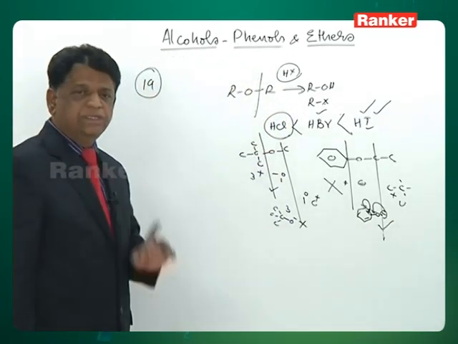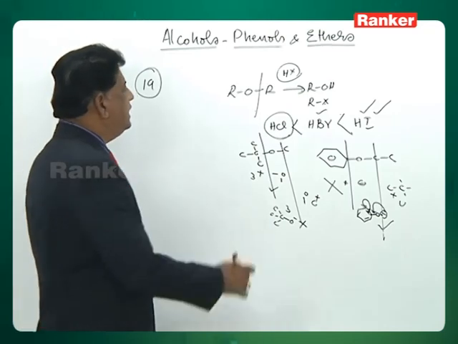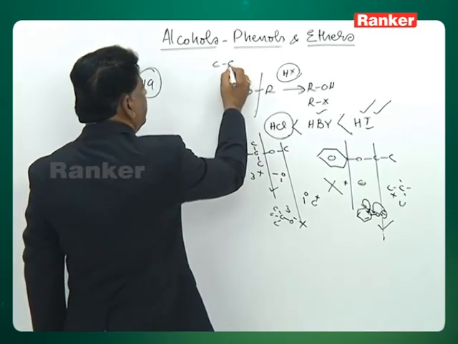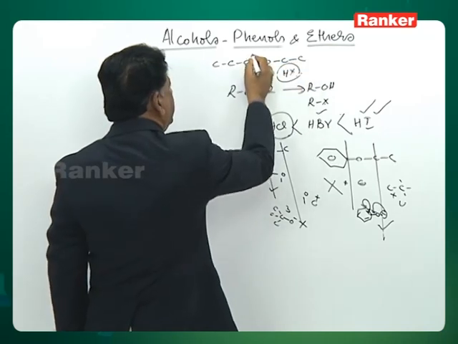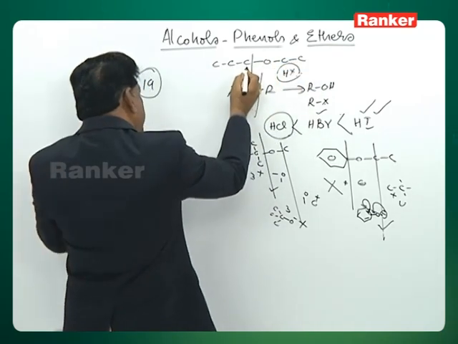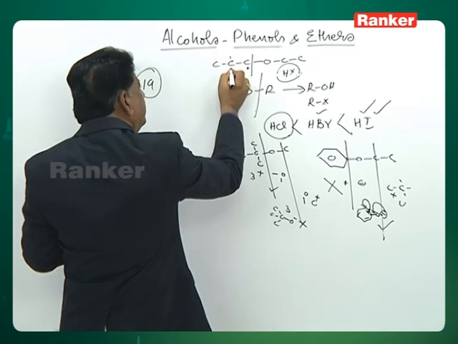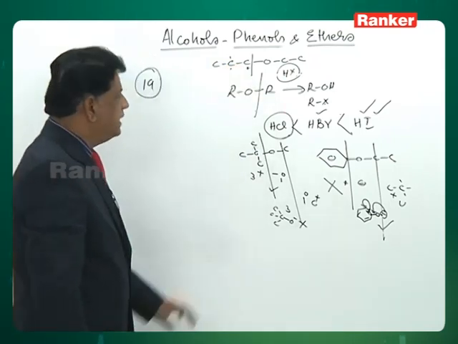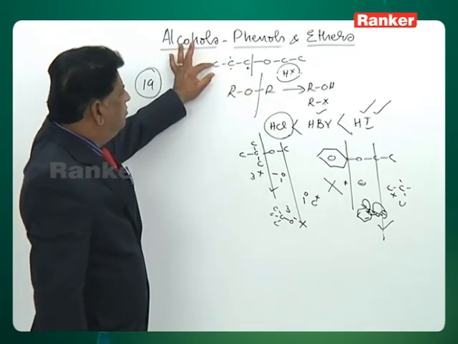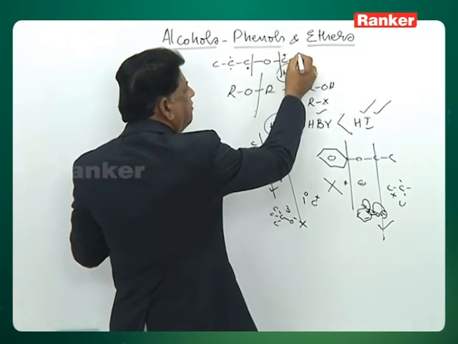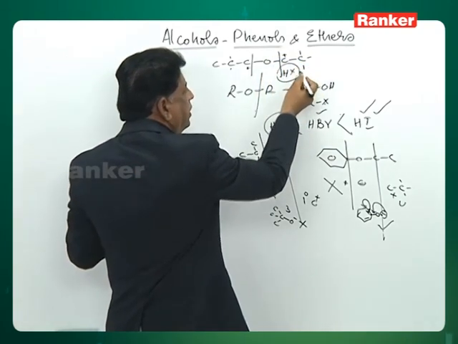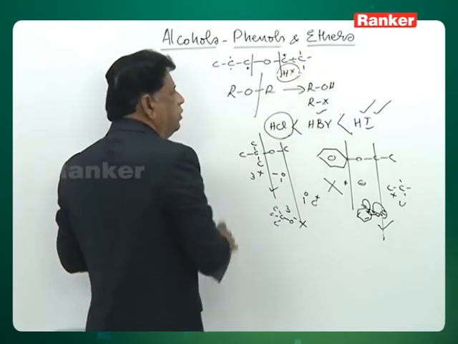Now here also in the question, if you see carefully, on one side 3 carbons are given, on one side 2 carbons. If I break here, you will get a carbocation supported by 2 hyperconjugations and one alkyl group. If I break here, you will get a carbocation supported by 3 hyperconjugations and one alkyl group.